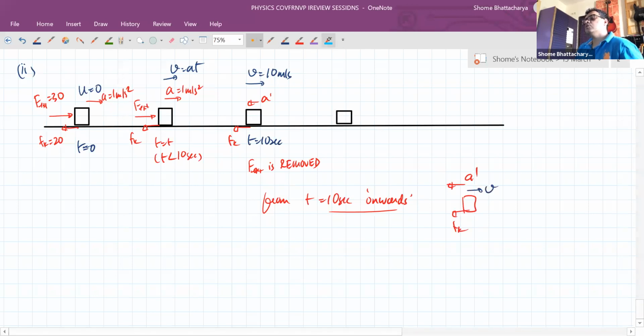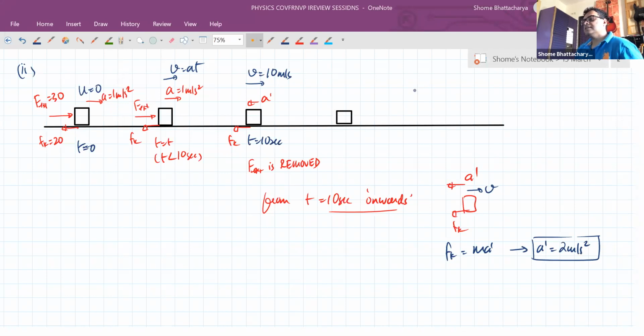It has a velocity in the forward direction. So friction opposes that. So this kinetic friction provides a deceleration. Yes, very good, Ruksal.